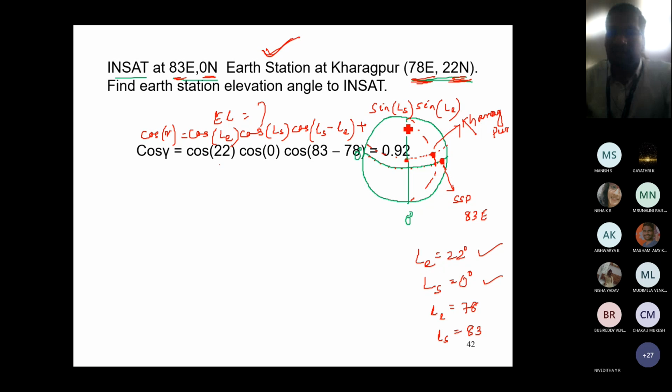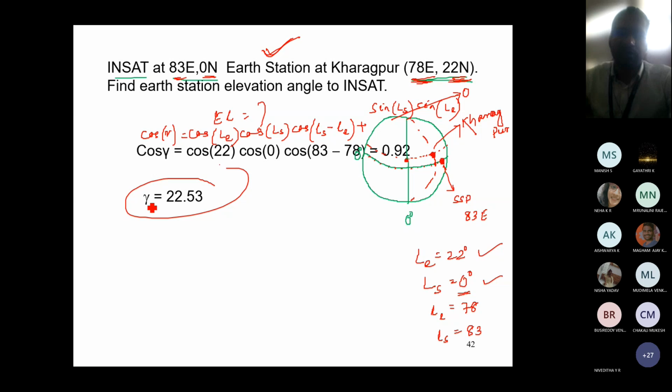Then sin LS: since LS is equal to 0, sin of 0 is 0, so this term becomes 0. That's why I have not written that term. Only this term is there. If you find it out, you will get 0.92. That is the value of cos gamma, and from that gamma is equal to cos inverse of 0.92, which will be around 22.53.